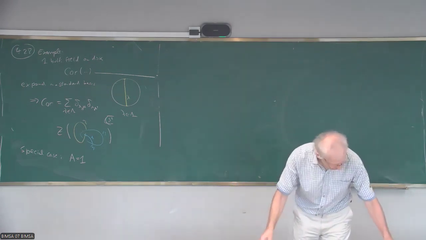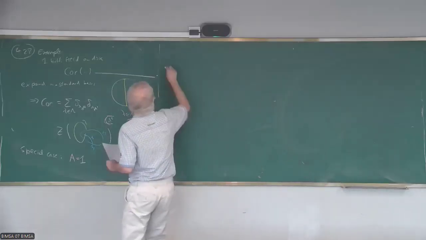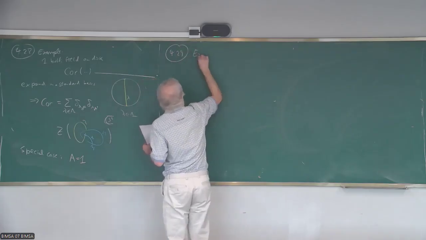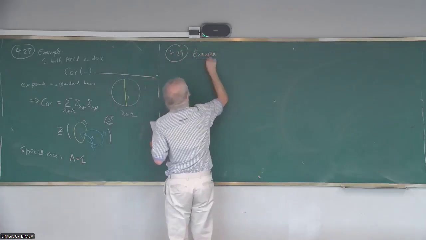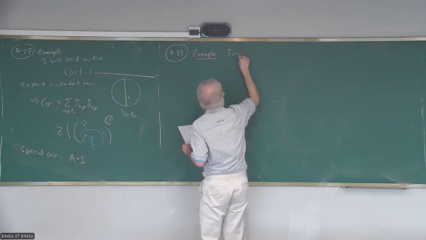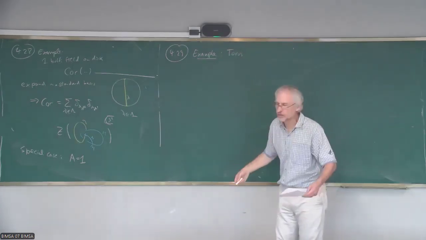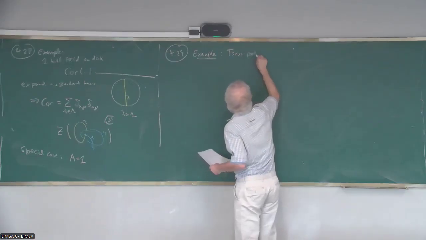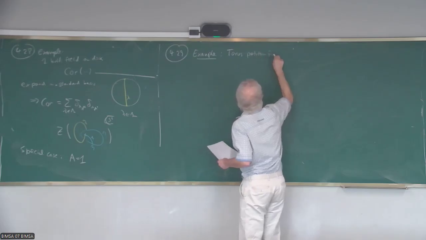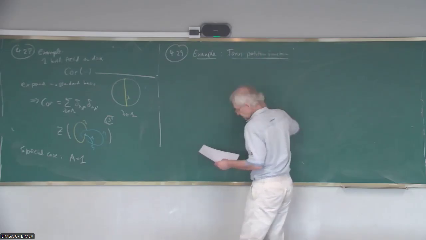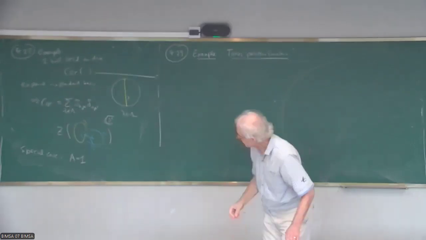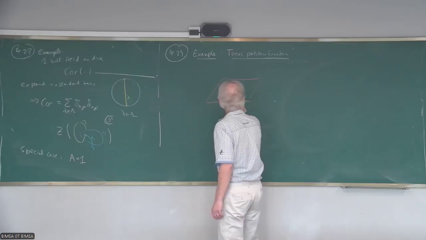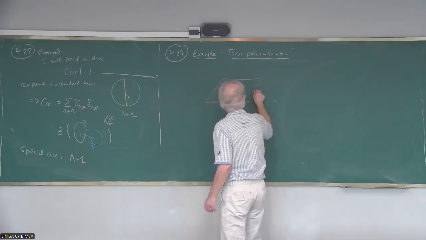And one of the most important ones is the torus. The correlation function with no insertions is also called, in physics, the partition function. So what do I get here? Let's think of the torus as a rectangle with identified opposite sides.